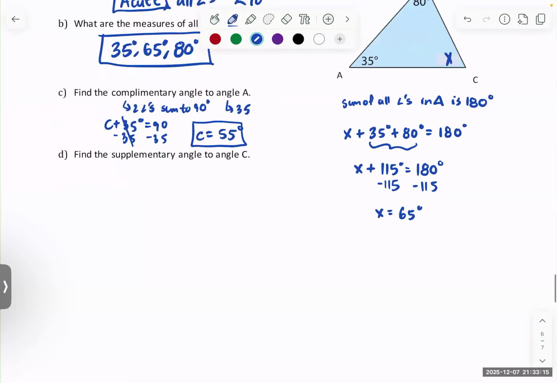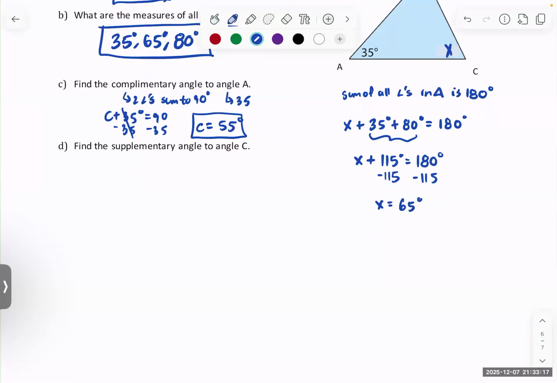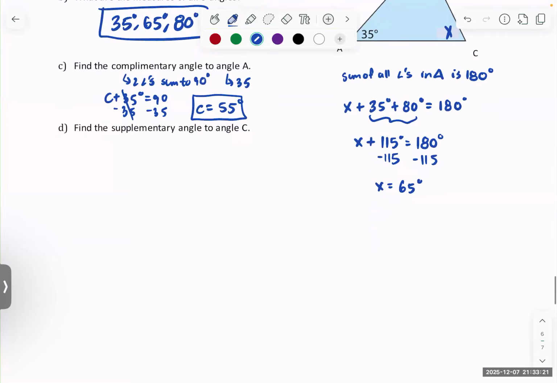And now find the angle supplementary to angle C. So angle C is 65 degrees. Supplementary means two angles that sum to 180 degrees.